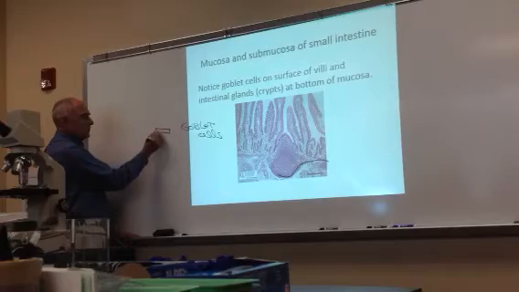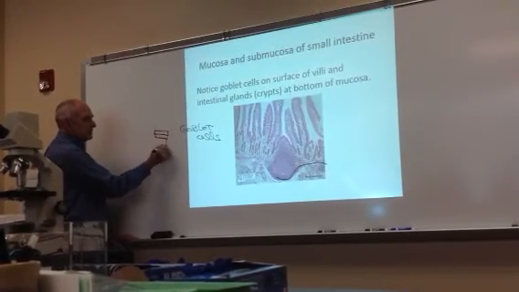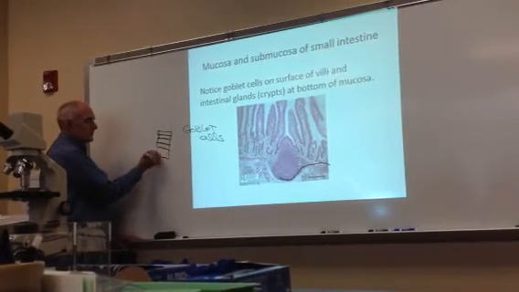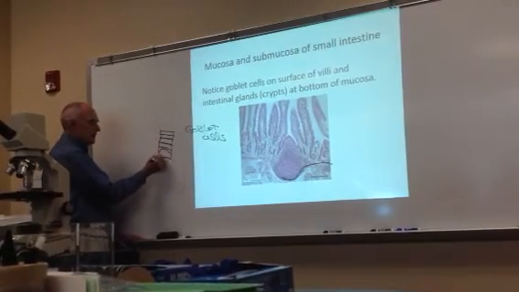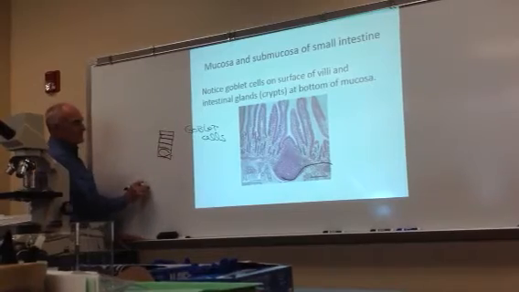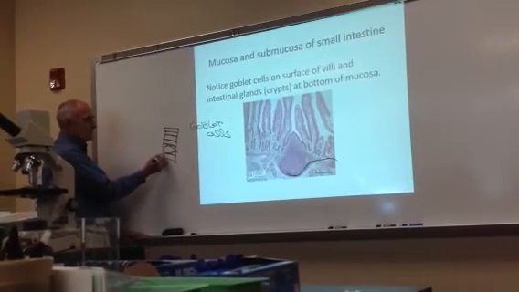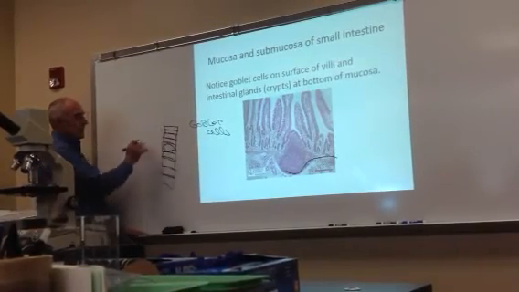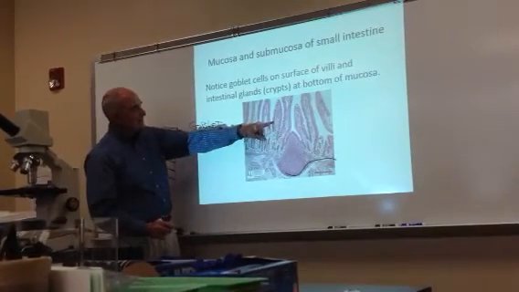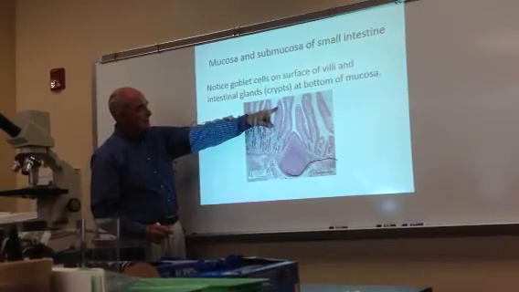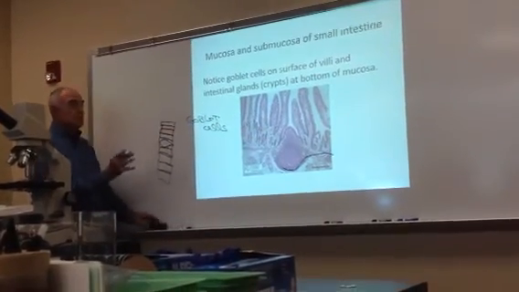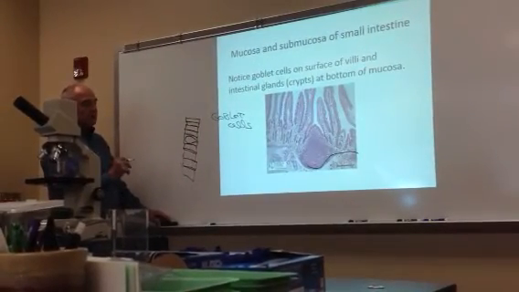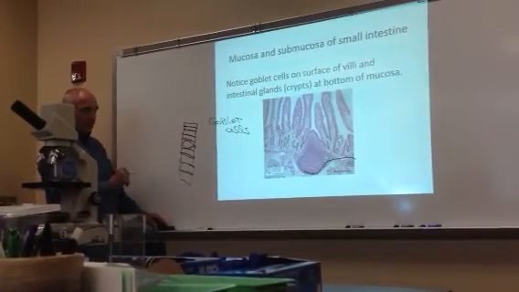If I have a simple columnar, simple columnar, simple columnar, and then I'll have a goblet cell, they're bigger, and they have this little clear area of mucus right in the center there. And so they stand out as being very light in their color when they're in that layer of tissue. You can see those little bright spots that stand out, because that's mucus and it does not take a stain, and light passes through it very easily, and that's why they look so bright.